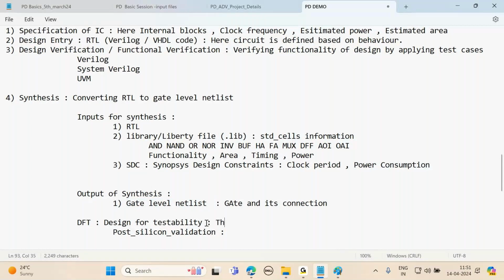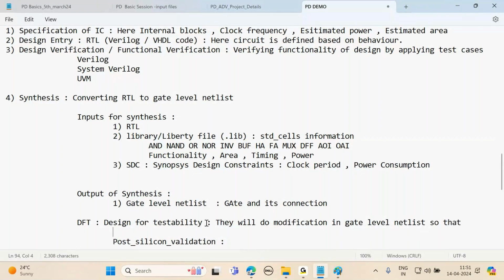The design for testability team will do modification in the gate level netlist so that it can be tested after fabrication.